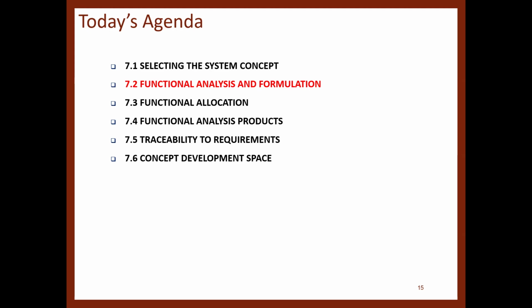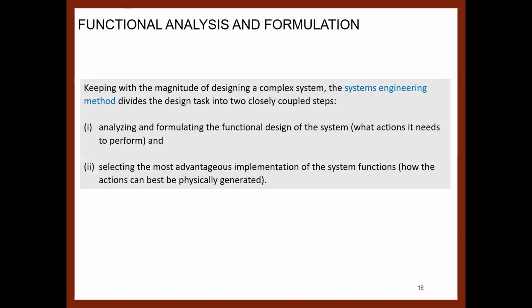Okay, so the next step, functional analysis and formulation. So far, basically what we are doing is selecting best concept and moving forward. Functional analysis and formulation, keeping with the magnitude of designing a complex system, the systems engineering method divides the design task into two closely coupled steps.